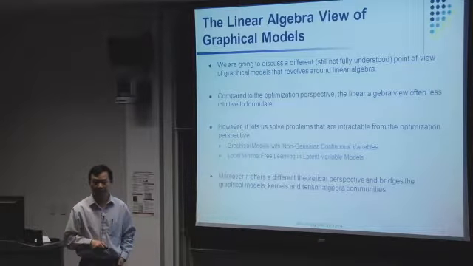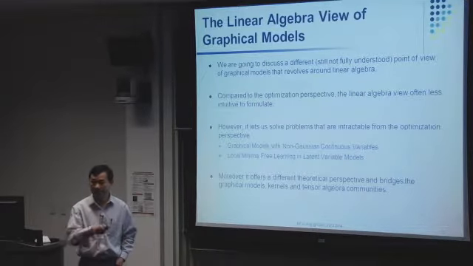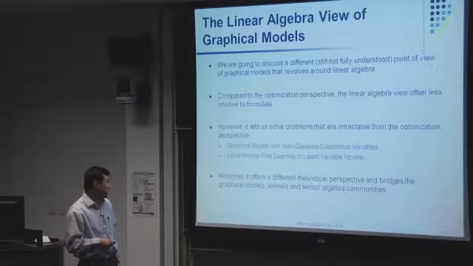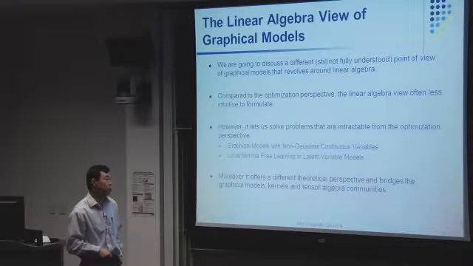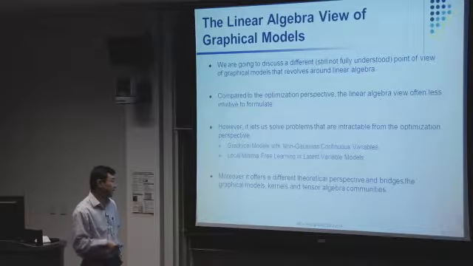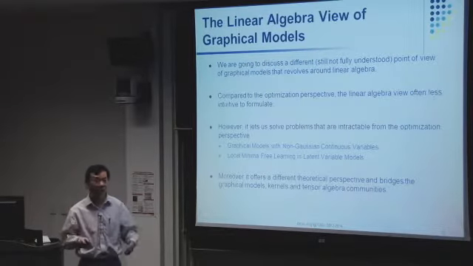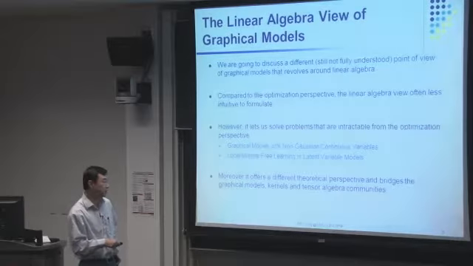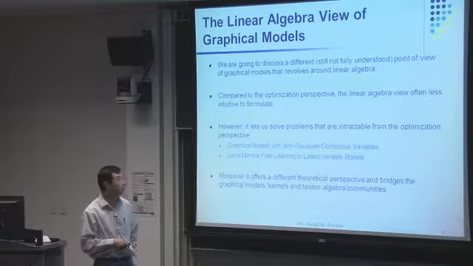And through some linear algebraic operations, you don't get exactly what you get in the optimization space, but it is a transformation that is deterministic. And also, it gives you a different theoretical perspective. And also a cool thing is that now you see a grand unification of graphical models, kernel machines, and stuff like that. That's, of course, intellectually quite interesting.